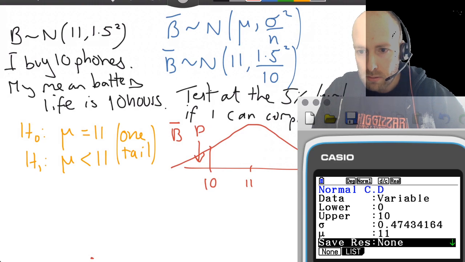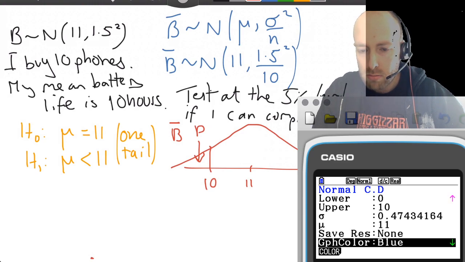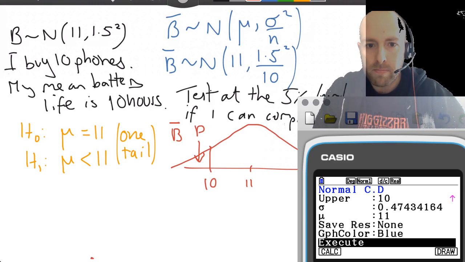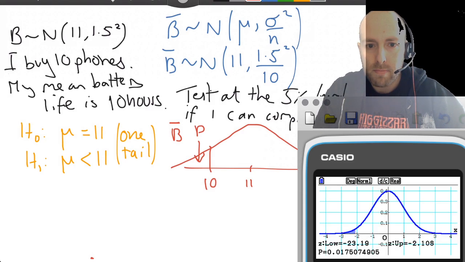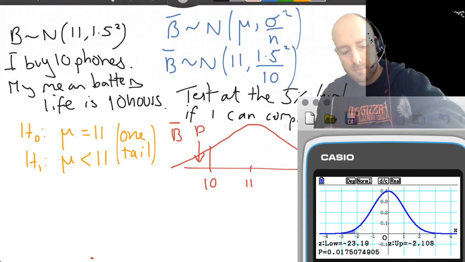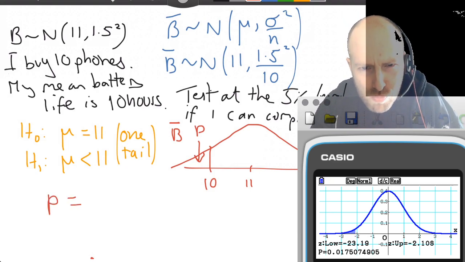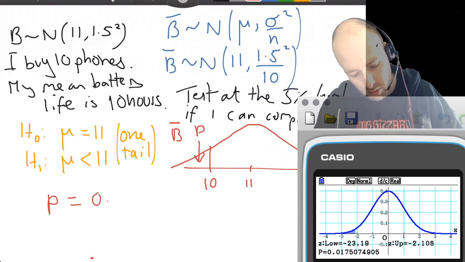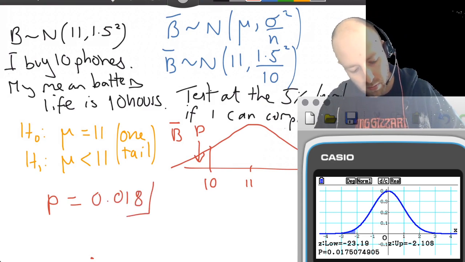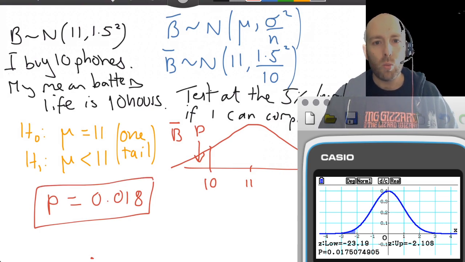So we can go down, we can do a sketch. Looks pretty unlikely. So what do we get? Probability equals 0.018. What does that mean?